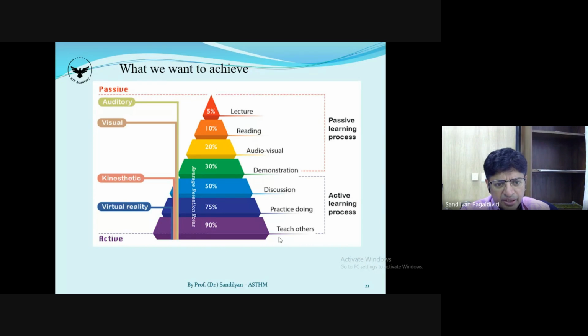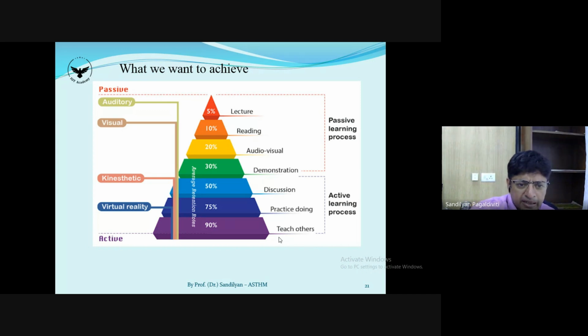When it is reading, 10%. Audiovisual, the learning is about 20%. When there is a demonstration, the learning is about 30. When there is a discussion, the knowledge transfer is about 50. When you practice doing, it's about 75. And when you teach others, there is a 90% retention.